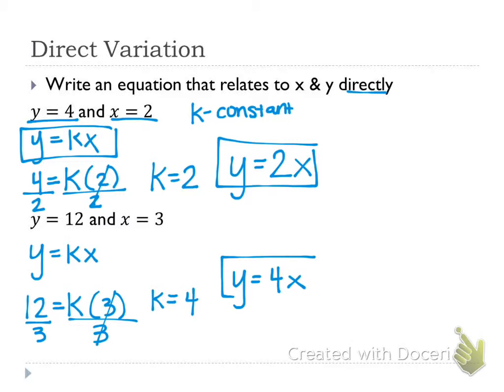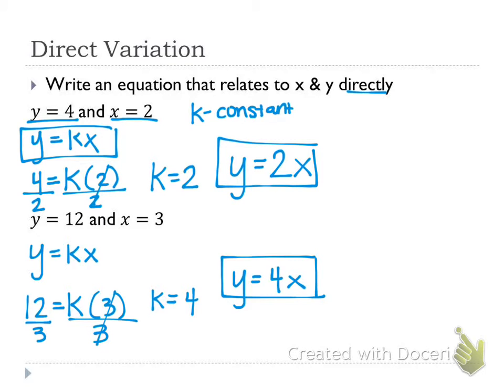Now, one thing that I do want to point out, you do not want to plug back into your final answer 12 equals 4 times 3. Because the whole point of direct and inverse variation is so that you have a constant. So I could take this exact same equation right here and say, okay, what if y was 10? Tell me what x would equal. Well, I'd have to solve that, and I could find that.